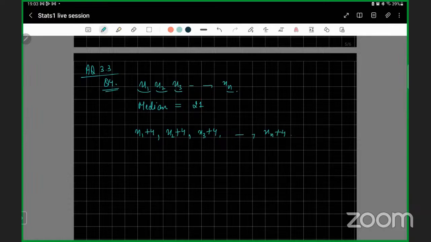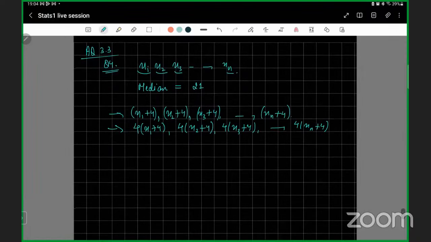And then multiply by 4. You first add 4, and then you multiply by 4. So you get 4 times x1 plus 4, 4 times x2 plus 4, 4 times x3 plus 4, up to 4 times xn plus 4.